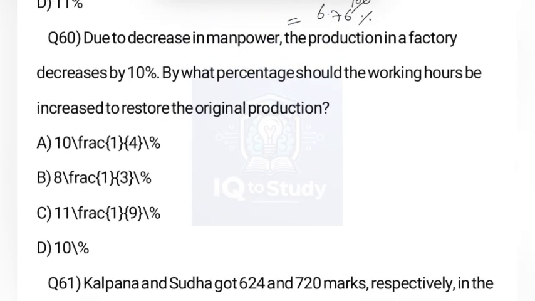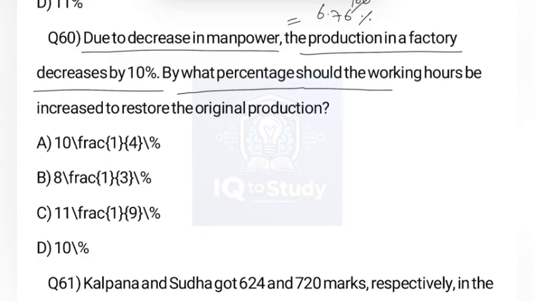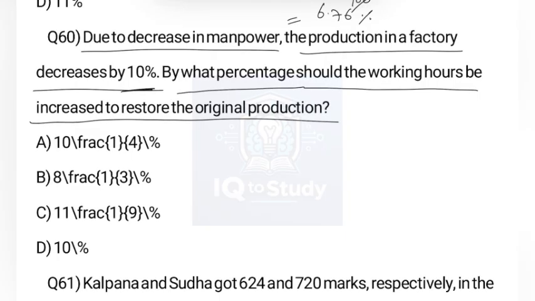Due to decrease in manpower, the production in a factory decreases by 10%. By what percentage should the working hours be increased to restore the original production? If production decreases by 10%, then it becomes 90% of original.